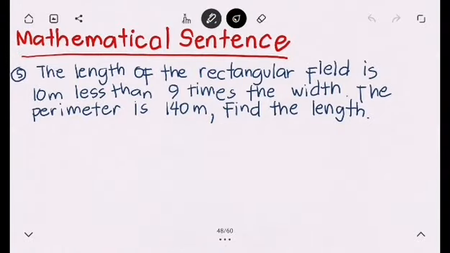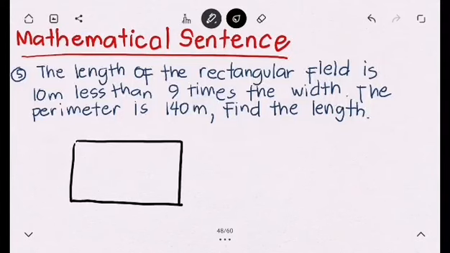Okay, so for our fifth sentence, we have the length of a rectangular field is 10 meters less than 9 times the width. The perimeter is 140 meters. Find the length. So paano natin siya gagawing mathematical sentence? Ibang approach naman ang gagawin natin in this case. Magbi-visualize tayo dito, or modeling ang gagamitin natin.